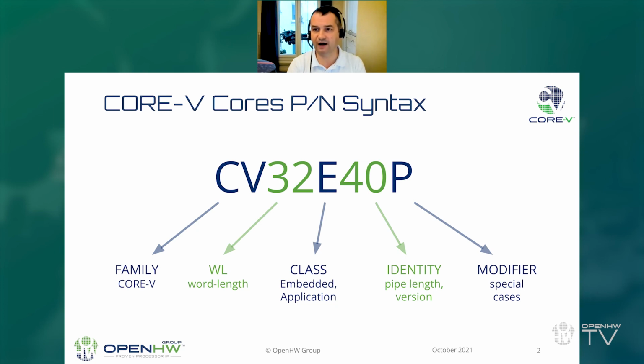CV means Core-V, the brand name of OpenHW cores. 32 is the size of the core, so 32 or 64. E means embedded, and there is also an application class. Then the 2 digits, the first digit is the pipeline length. 4 obviously means 4 levels of pipeline. The 0 is the version, and the P denotes some special cases.